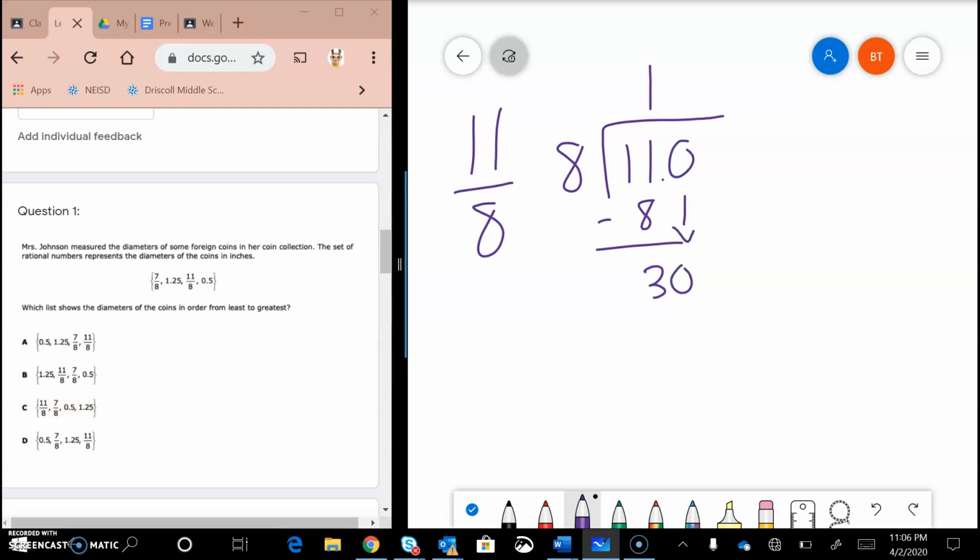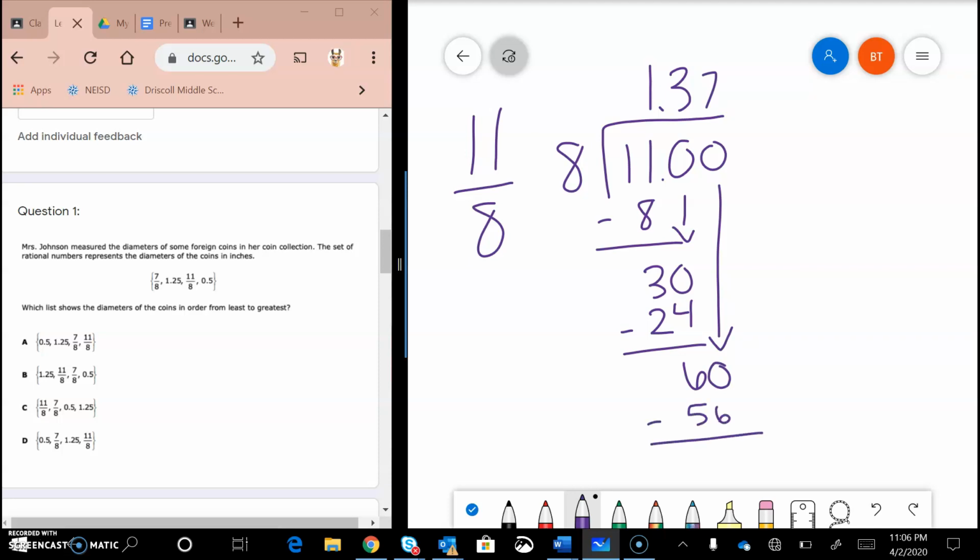So I bring down my 0. 8 can go into 30 3 times, and that's 24. 30 minus 24 is 6. Again, I have to add another 0. 8 can go into 60 7 times, which gives us 56. 60 minus 56 is 4.